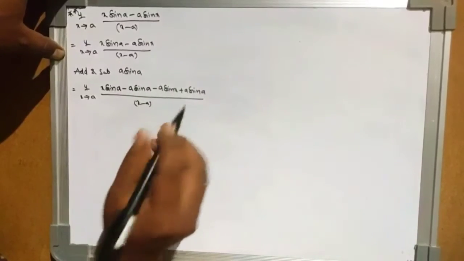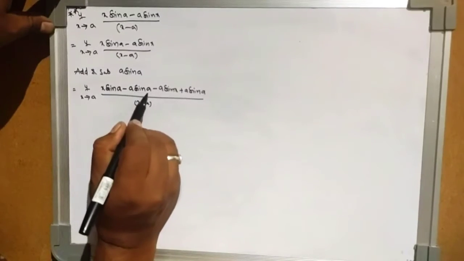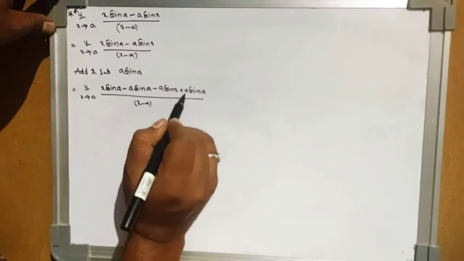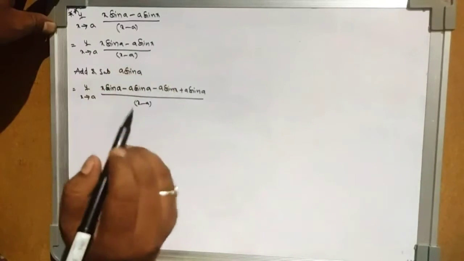If you observe here, the first term is the same, x sin a, and we have taken a sin a and a sin a. So we are adding a sin a and taking minus a sin a. This term is a sin x.